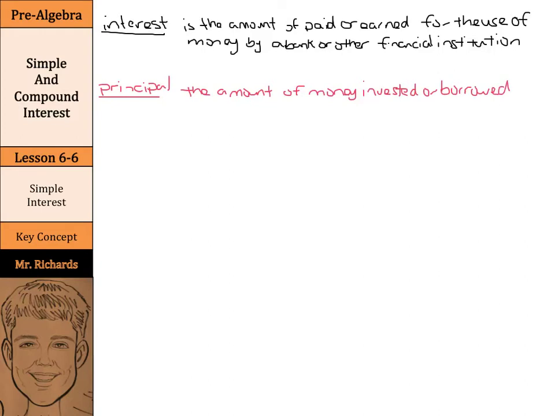So there is a key formula here that we're going to use, and that is I equals P R T. Now I is interest. P is principal.